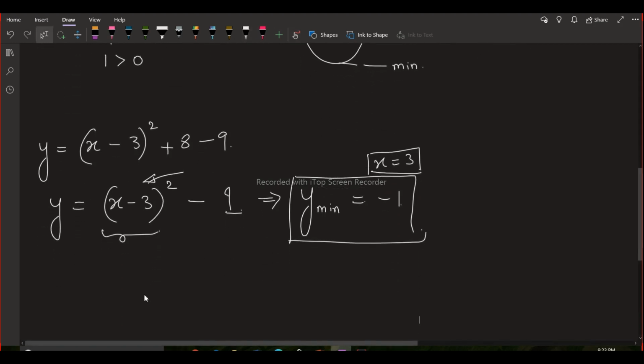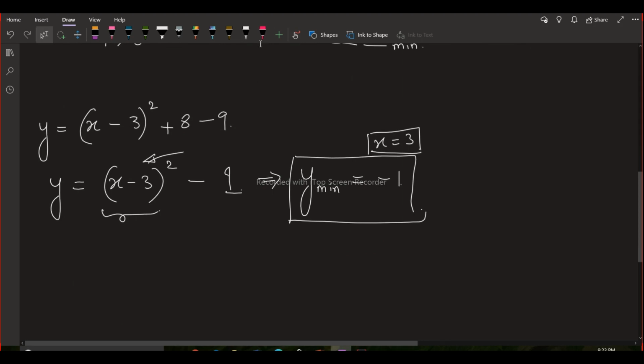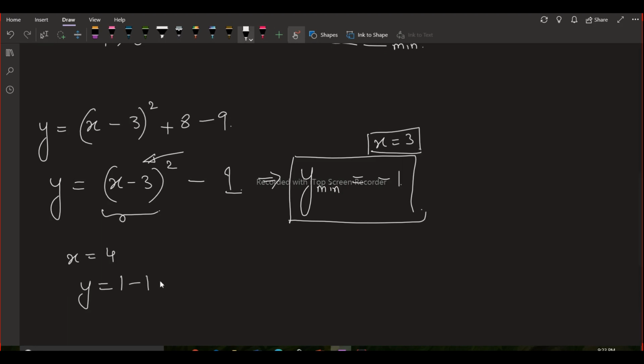Because if we put any other value, let's say x as 4, I'll get y equals 4 minus 3, which is 1, 1 minus 1, which is 0, and 0 is greater than minus 1. So we are getting a value greater than minus 1, so that's not the minimum value.